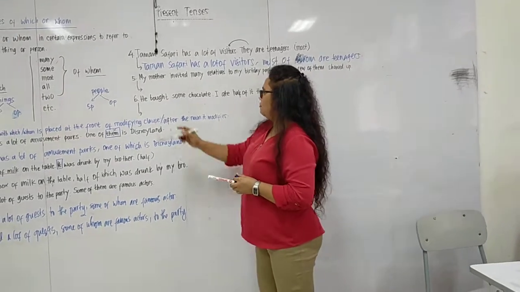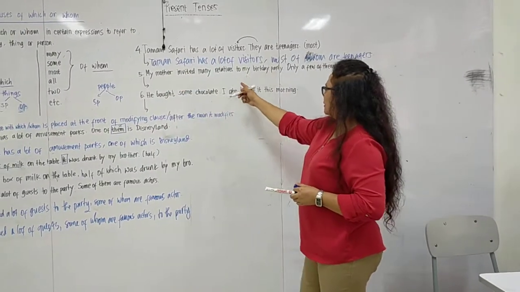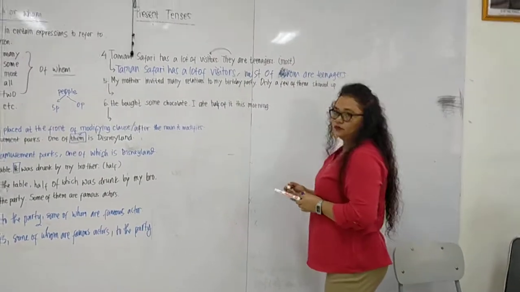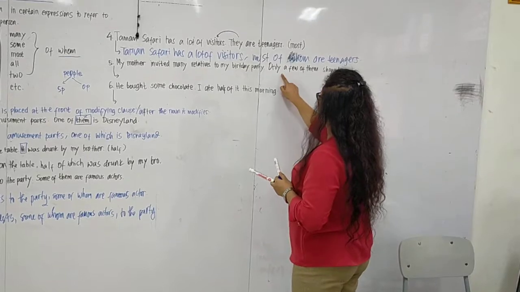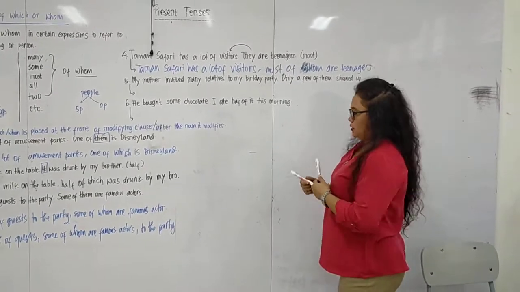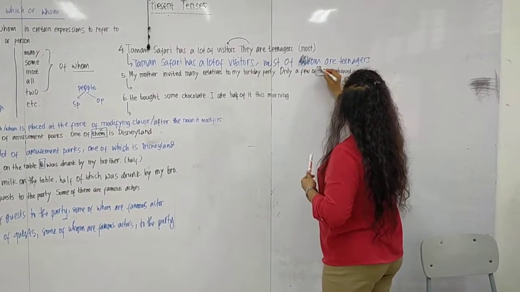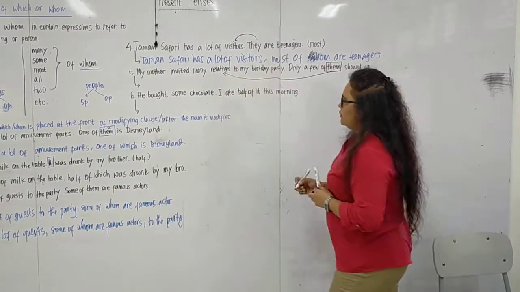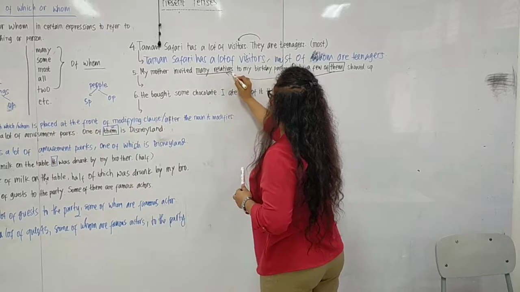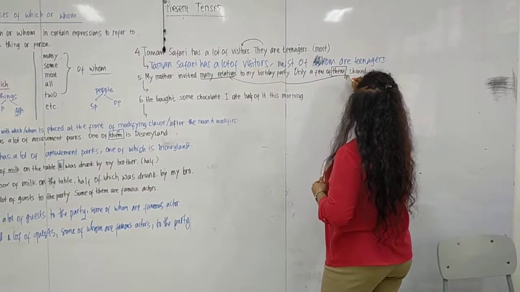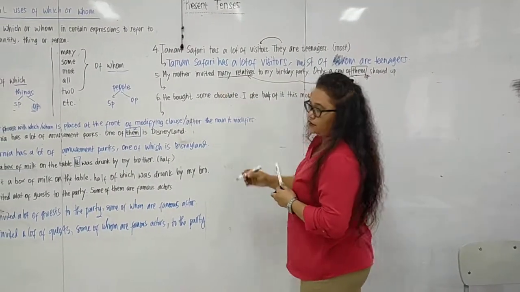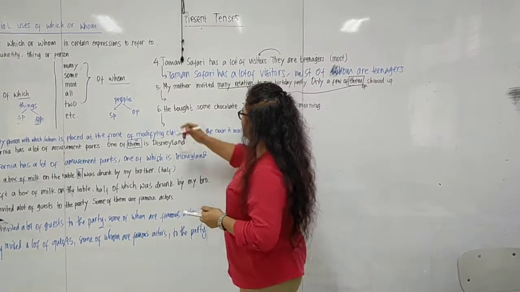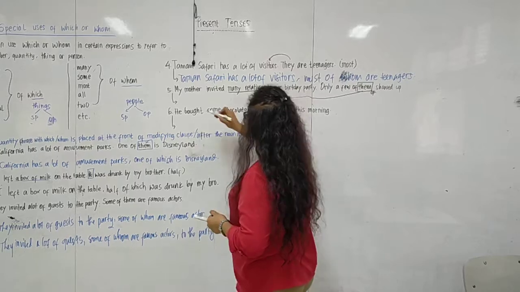Next, number 5. My mother invited many relatives to my birthday party. Only a few of them showed up. The word them here refers to relatives, to many relatives. This one is called the object pronoun of many relatives. So for number 5, we merge both of them.